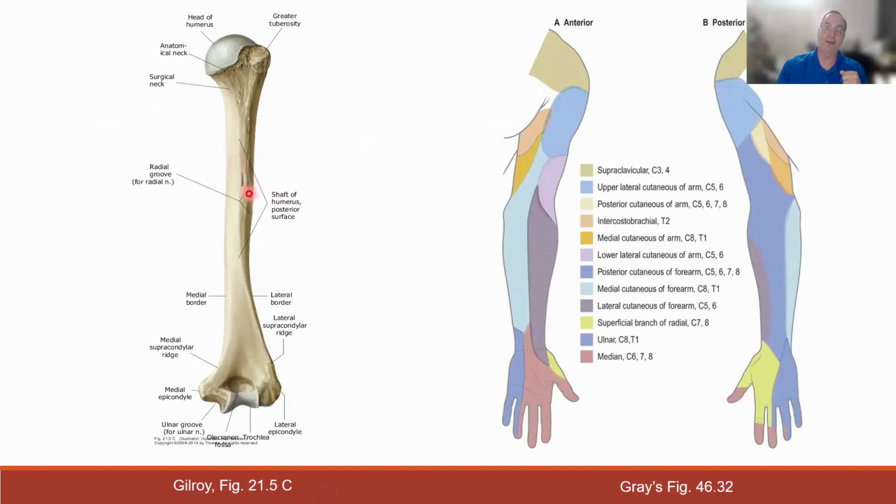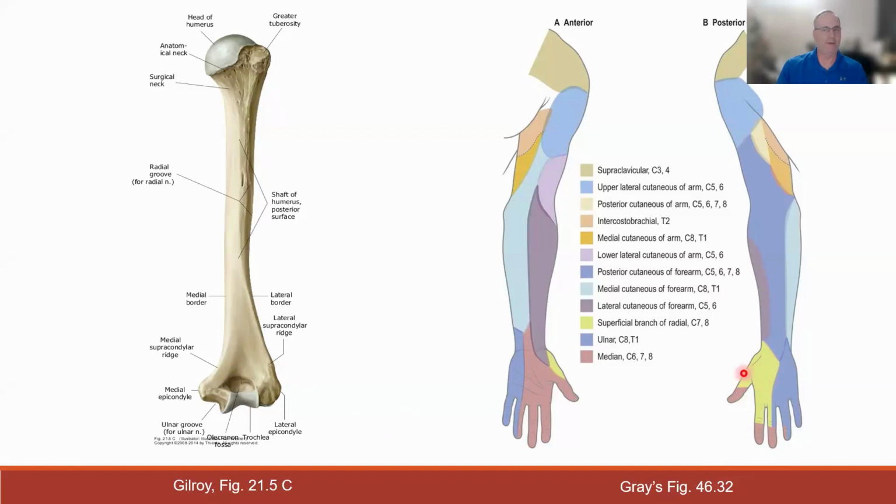From posterior, the nerve runs in between the medial and lateral heads of the triceps brachii, and then it emerges again distally in between the brachioradialis and the brachialis at the elbow, before innervating all of our wrist extensor muscles. And what is shown in this lime green color on the right side, in this figure from Gray's Anatomy, is the distribution of the superficial radial nerve.